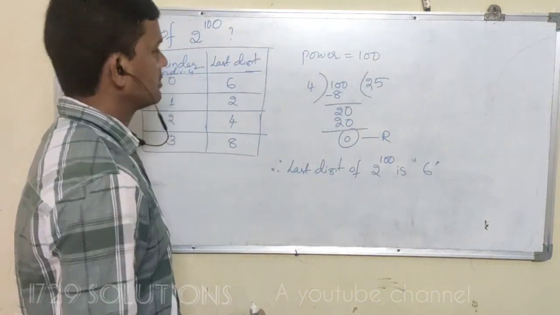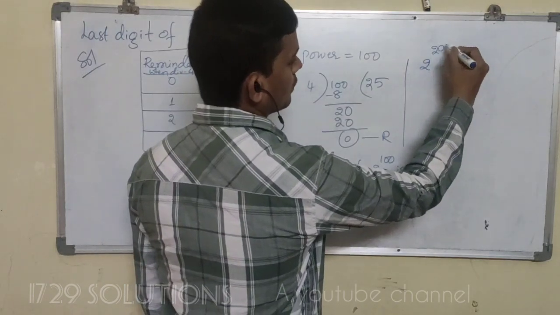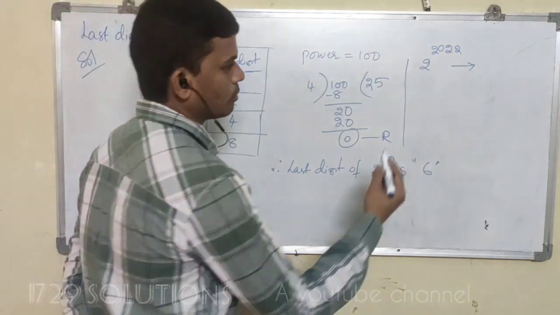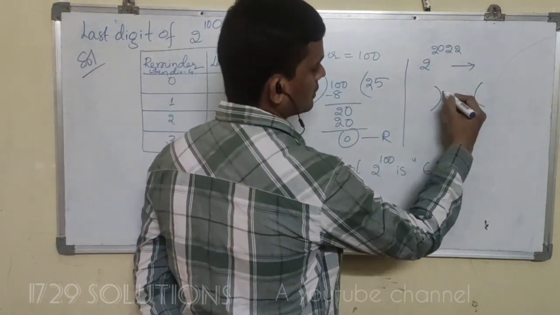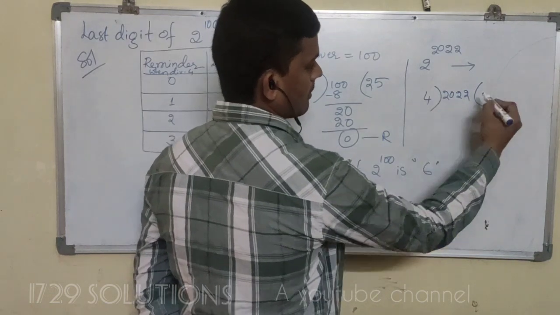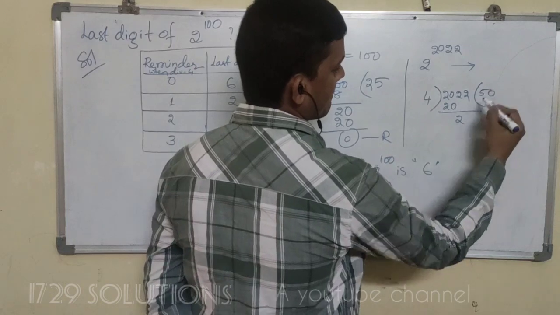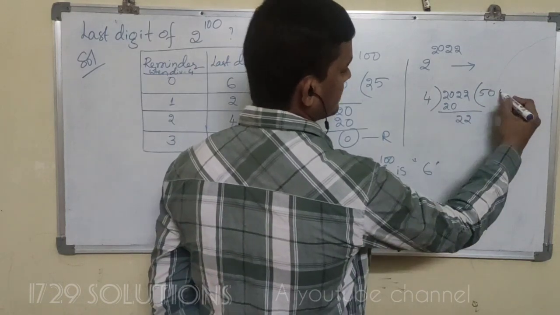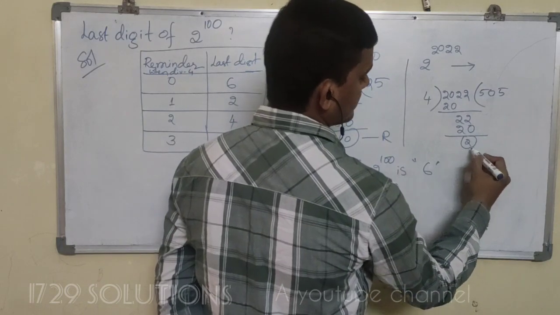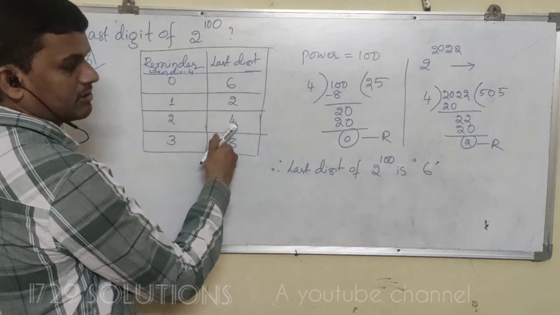Suppose you want to find, not only the power 100, but 2 power 2022. Divide 2022 by 4. 4 fives are 20. The remainder is 2. If the remainder is 2, the last digit is 4.